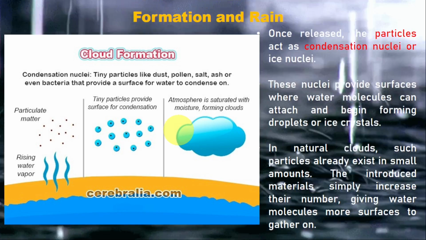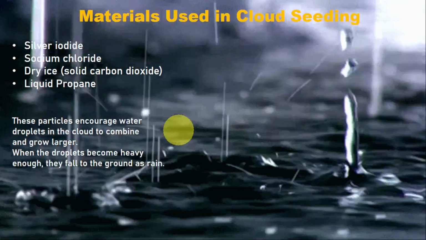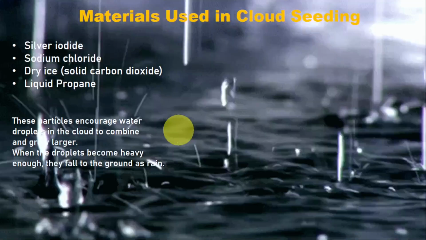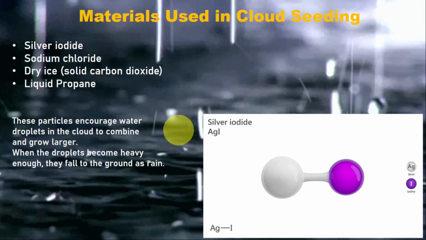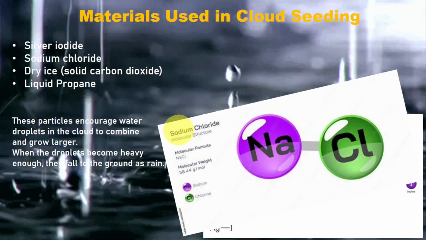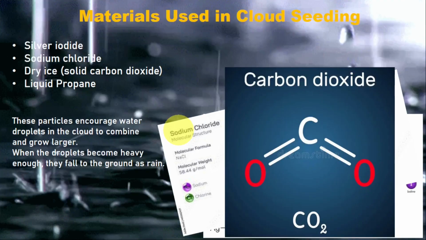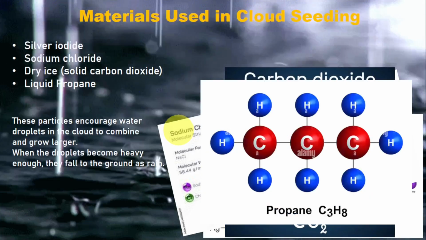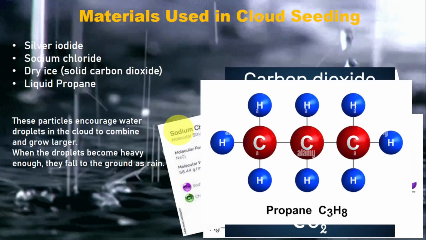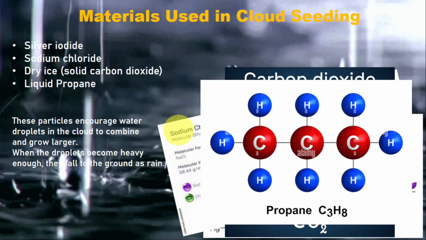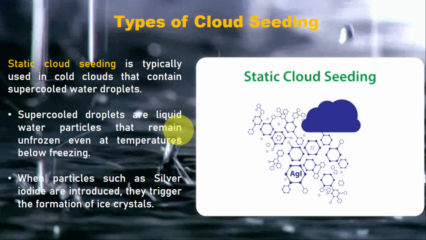So cloud seeding is just to increase the number of these particles. The materials used for cloud seeding are: one, silver iodide; two, sodium chloride; three, carbon dioxide or dry ice; and four, liquid propane. These particles encourage water droplets in the cloud to combine and grow larger. When the droplets become heavy enough, they fall to the ground as rain.